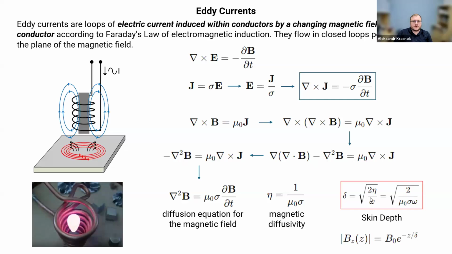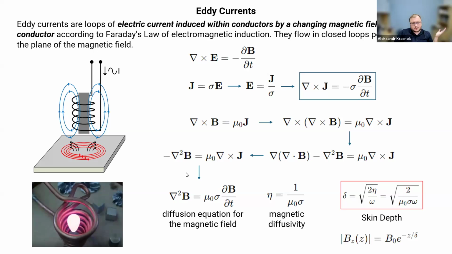In optics, it is just around 10 nanometers. Okay, so basically the distance of just a few atomic layers. So in optics, light just reflects from metal, doesn't go too deep inside metal. And this is how any mirror works.